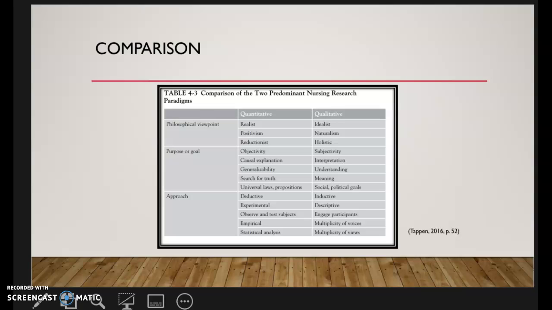So really look at the differences and know that each has a very deliberate purpose in research, and we need to know what our topics are and what we seek to gain in order to determine what type of design we really want to apply to our topic. So keep that in mind, and keep that inquisitive mind going, and keep asking questions.